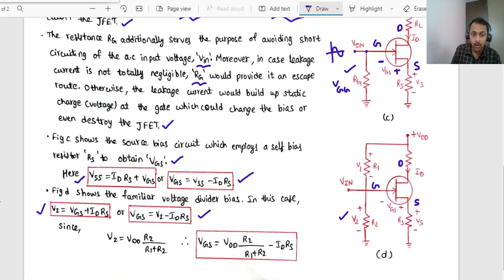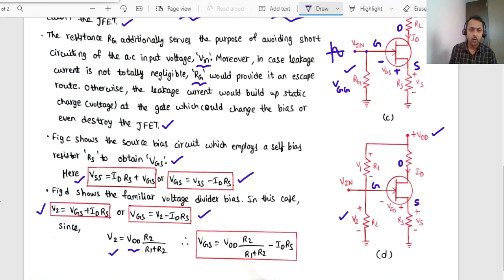Now what could be the value of V2? The value of V2 will be the total voltage VDD times the opposite arm resistance R2 divided by the total resistance R1 plus R2. VDD is the voltage across the drain terminal with respect to the ground, VDS is the voltage between the drain and source, and VGS is the voltage between the gate and source.